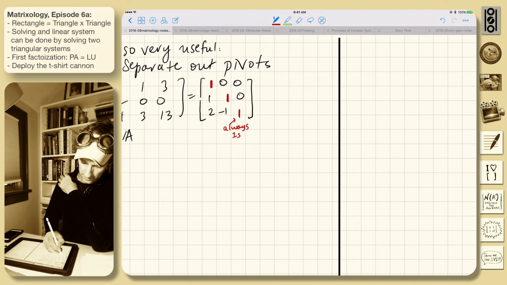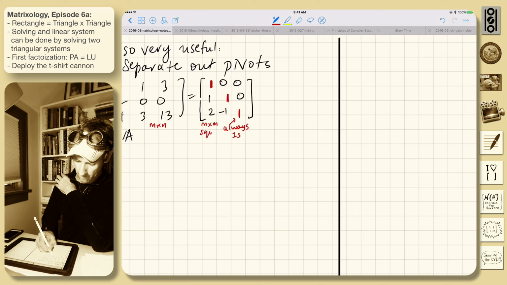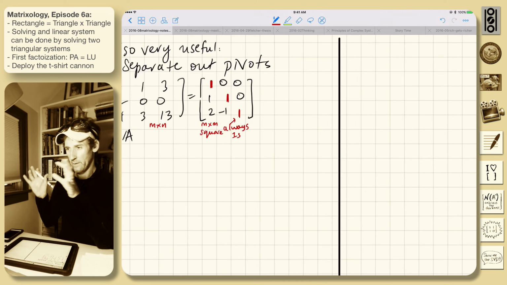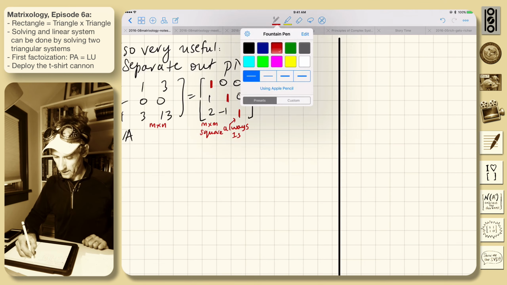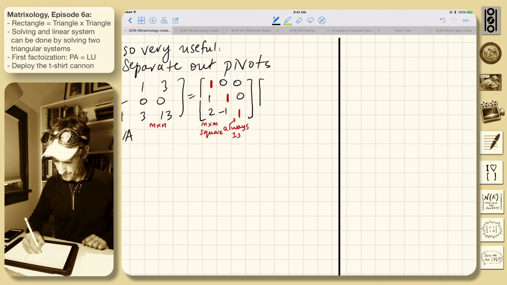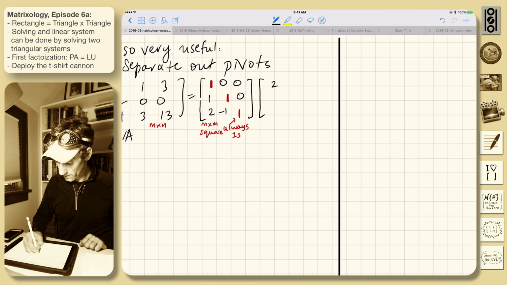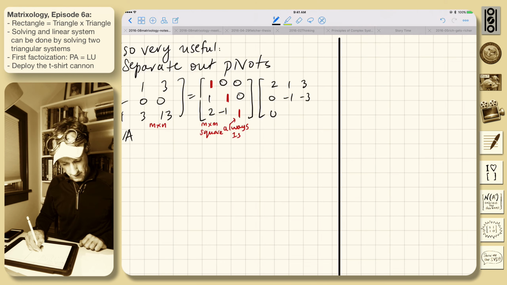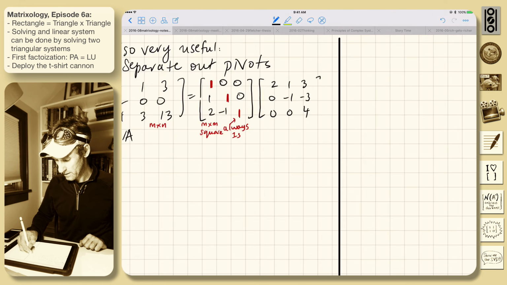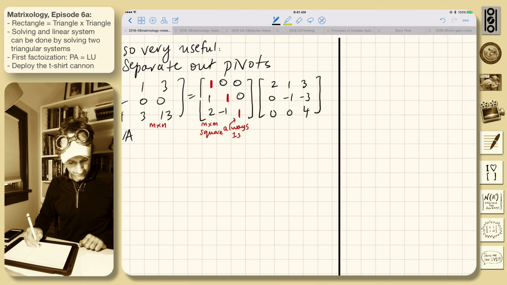And these aren't rectangular, but this is an m by n, and this is always an m by m square. A and U are the things that look like each other. Very important to remember: in shape, they have the same shape. So 2, 1, 3, let's say we have this, and 0, well, this is what you would find, minus 3, 0, 0, 4. So the pivots are here.